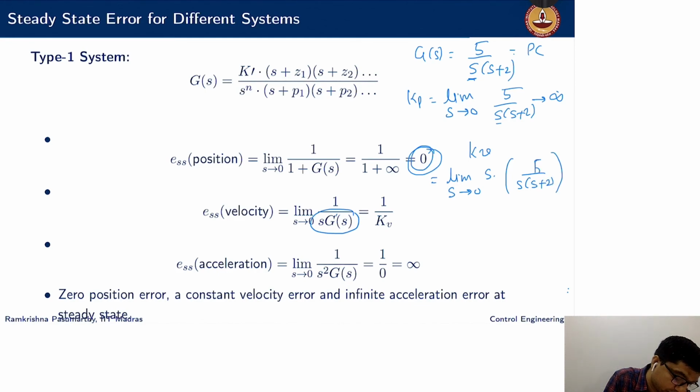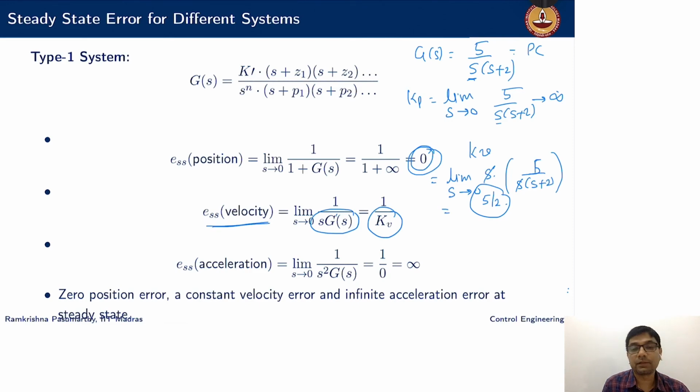This S and S will cancel. So here I will have a number which is 5 over 2. Okay, this is a finite number, right? And therefore the ESS for velocity will be 1 over this number. So a type 1 system will track a velocity input with a finite error.